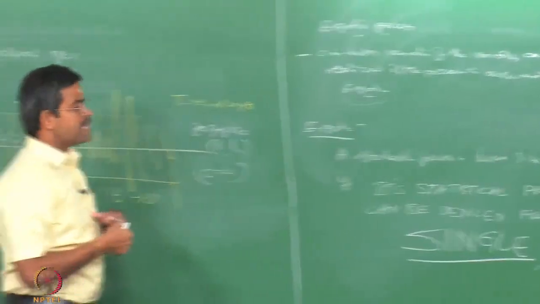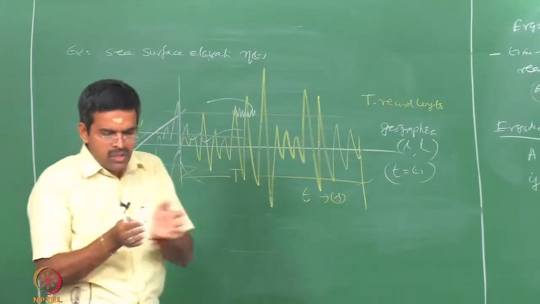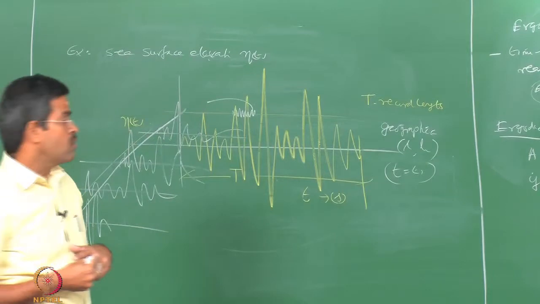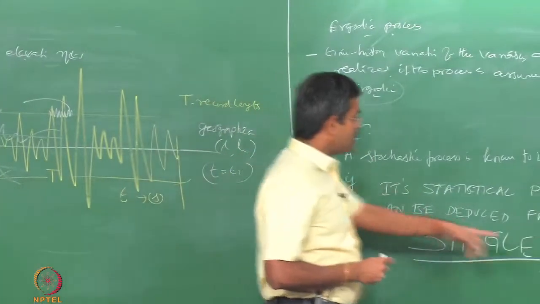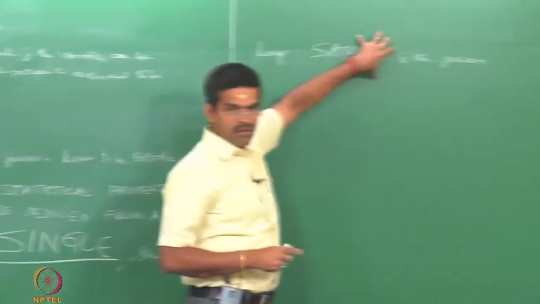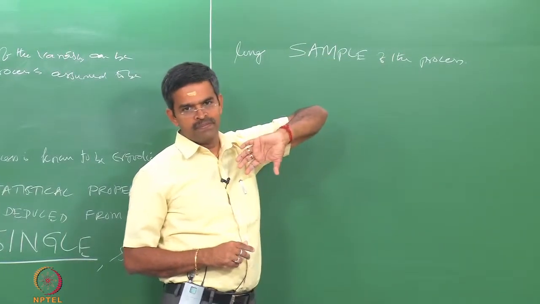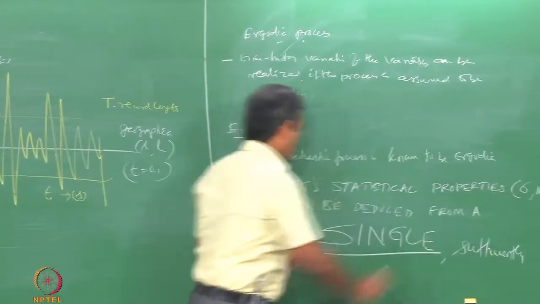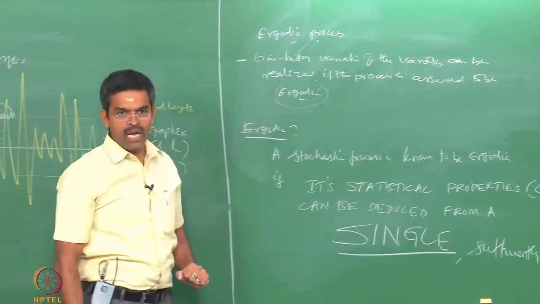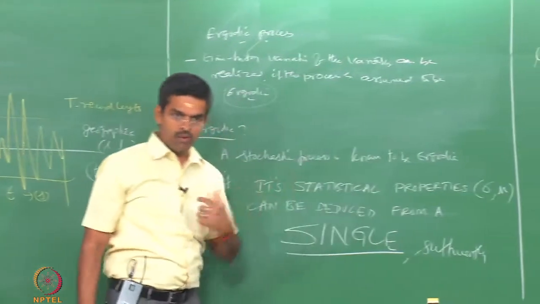Okay. You will not exactly get that same trace, but closer tolerance. Now, the biggest advantage is you can pick up a sufficiently long sample from the process which has the same statistical properties as that of the scheme. Where do you get this? You deduce this, you find this out from the given sample.